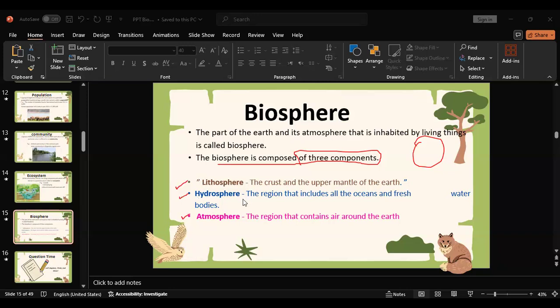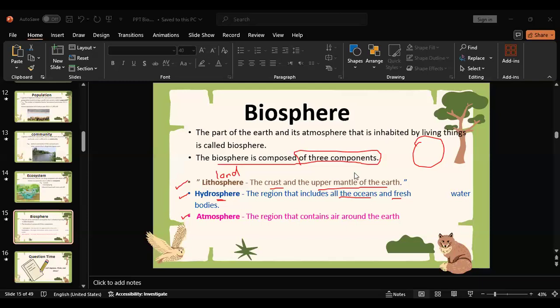Lithosphere, hydrosphere, atmosphere. Lithosphere means land. This lithosphere is made up of the crust and upper mantle of the earth. Hydrosphere is the water. That region includes all the oceans and freshwater bodies like river, pond, lagoons, everything coming under that.